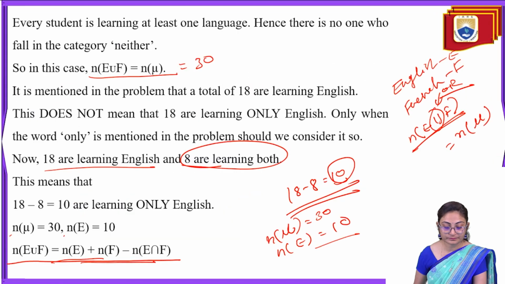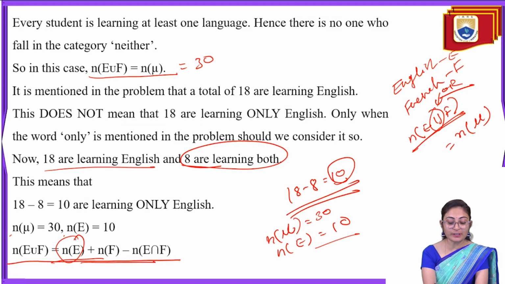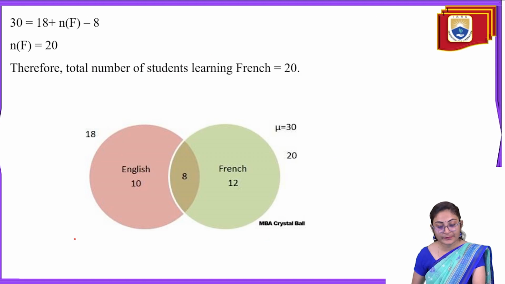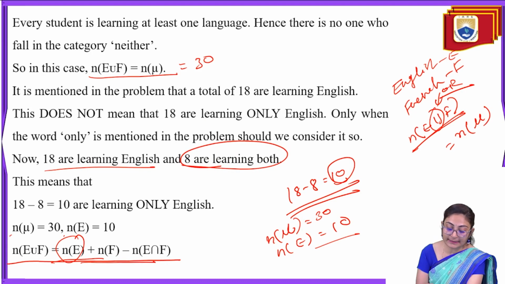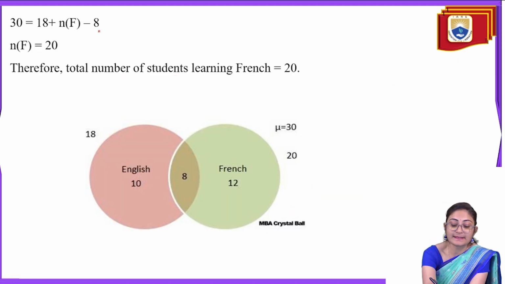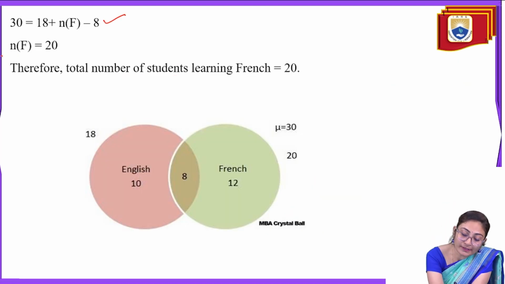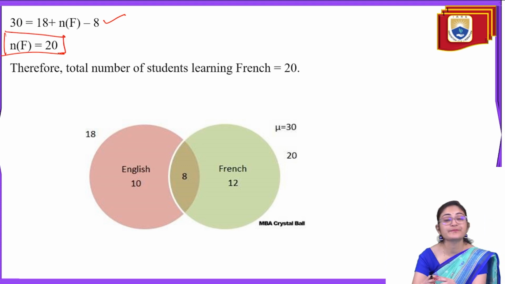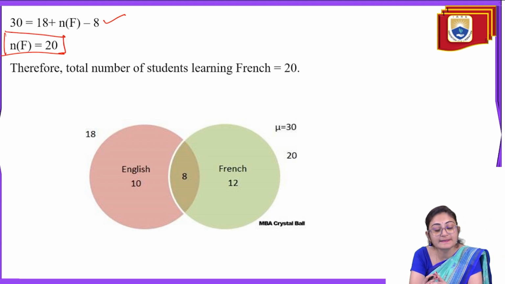Then n of E, this value is 18. N of F we have to find out, and n of E intersection F is 8. By solving you will get n of F, that is 20. That means the total number of students learning French is 20.